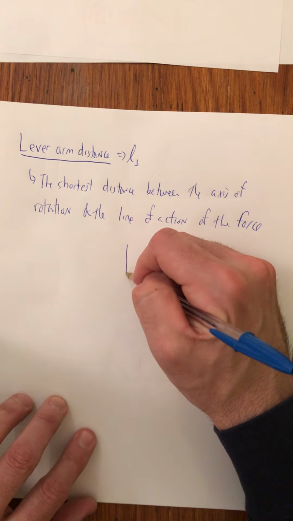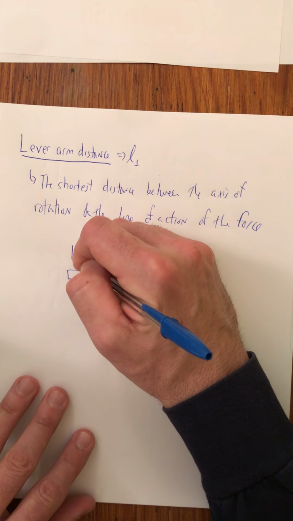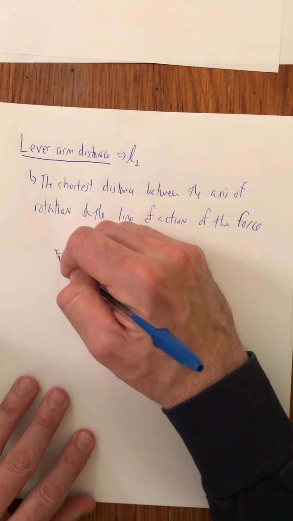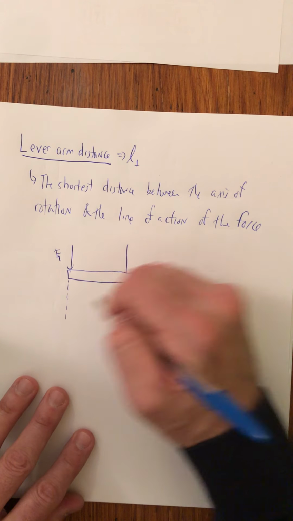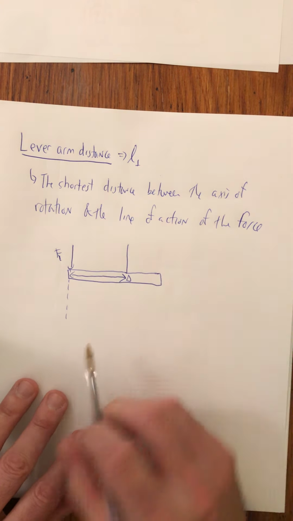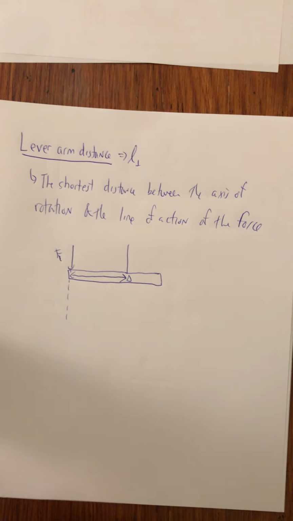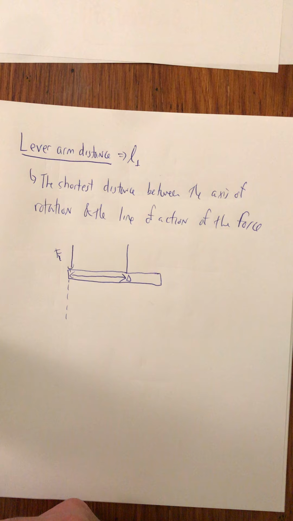Well, here, let's go back to it. Same examples. F1 is here, and if I draw the line of action, and this is the axis of rotation, the shortest distance between that is always going to be a perpendicular distance, because the shortest distance between two lines, or the shortest distance between a line and a point, is a line perpendicular between those, right?